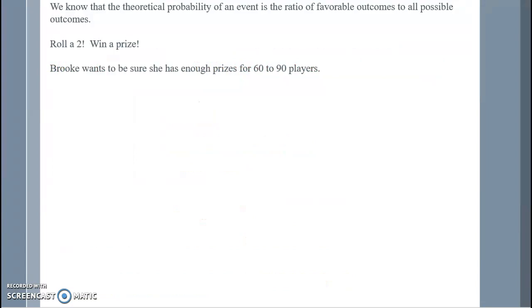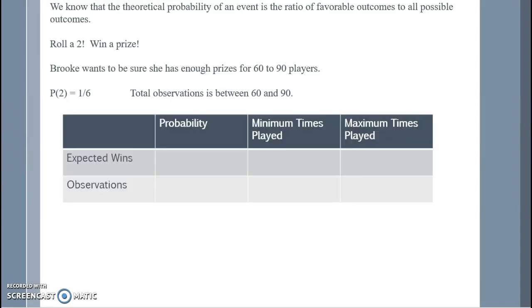Roll a 2 and win a prize. Brooke wants to be sure she has enough prizes for 60 to 90 players. The probability of getting a 2 rolling a die is 1/6. The total observations is between 60 and 90 players. So I'm going to create a table here. We expect that 1 out of 6 times we will get a 2. We need to multiply that times the minimum number of plays, which is 60.